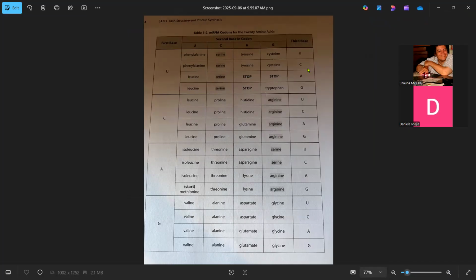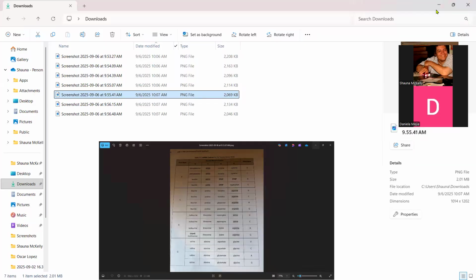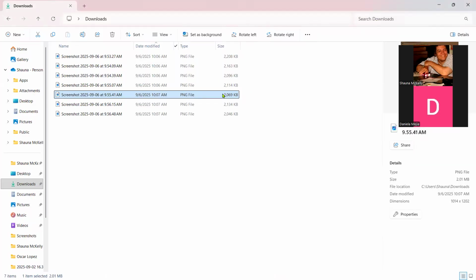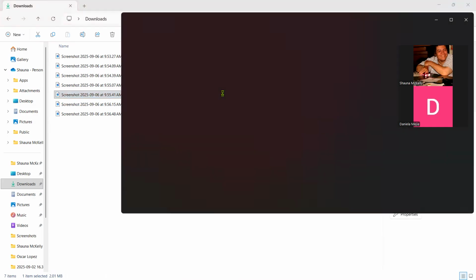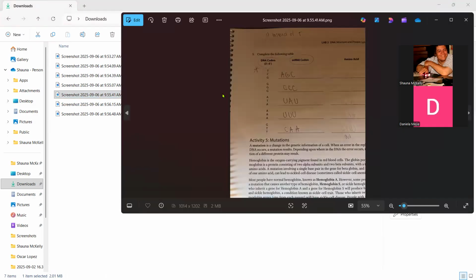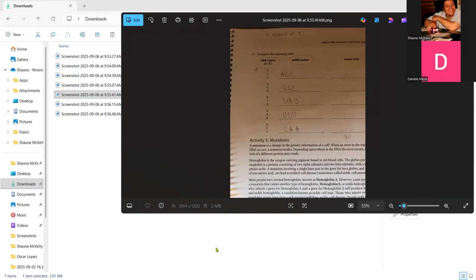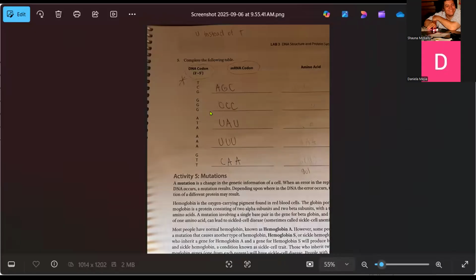So what they wanted you to do on this one was the mRNA codon.